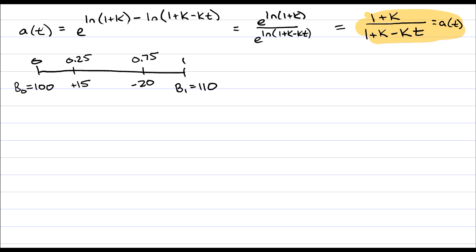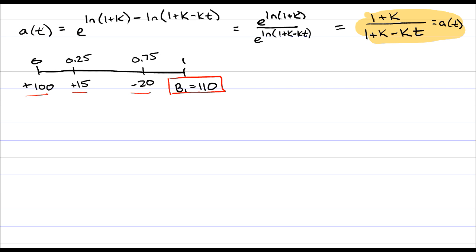Here, this balance at time 0, I'm going to re-envision as a deposit that was made at time 0. So you can imagine three transactions over the course of the year: a deposit of 100 at time 0, a deposit of 15 at time 0.25, and a withdrawal of 20 at time 0.75. All told, those transactions should accumulate to $110.